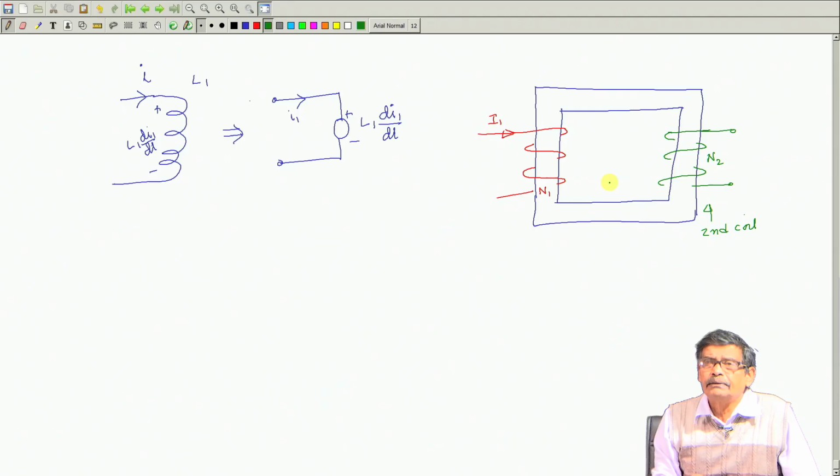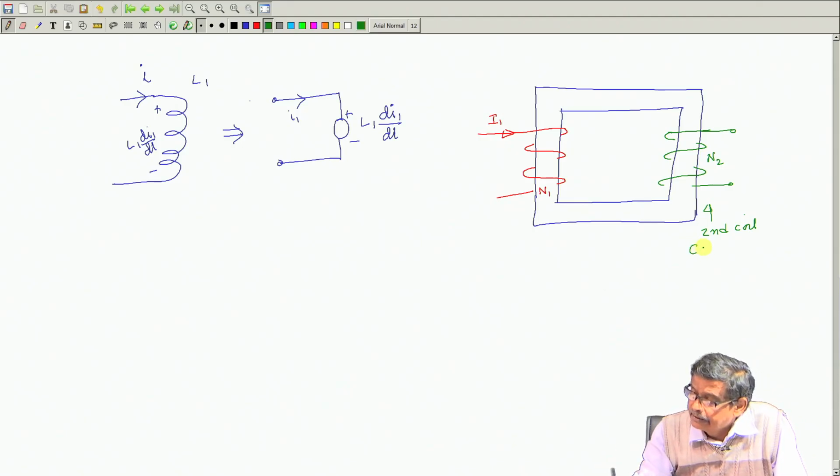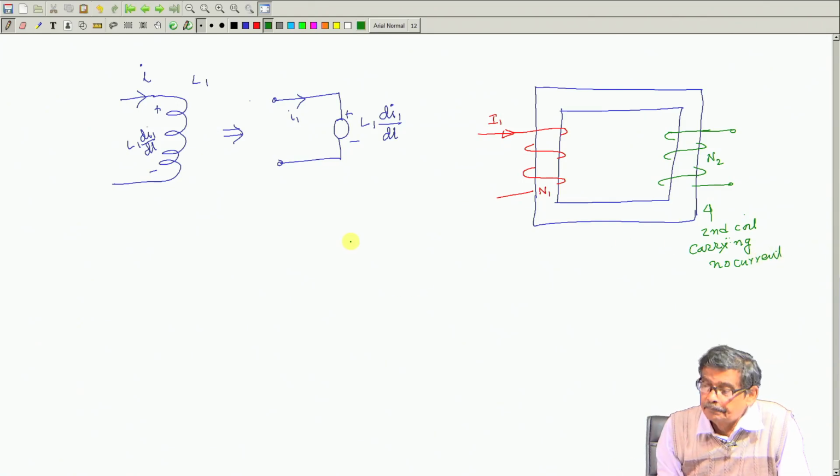In the second coil, I am not passing any current, no current. Only the first coil carries current.